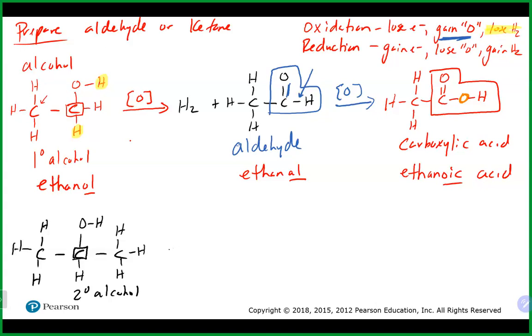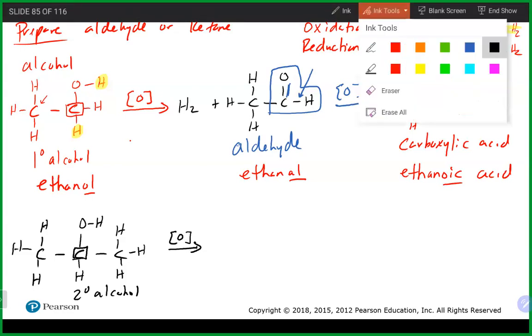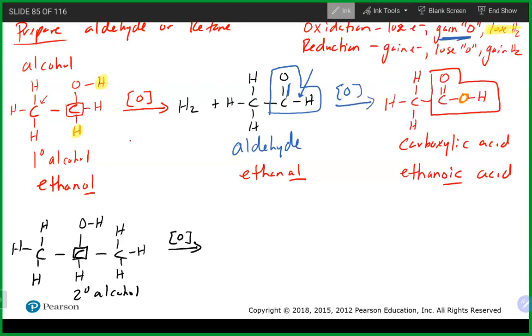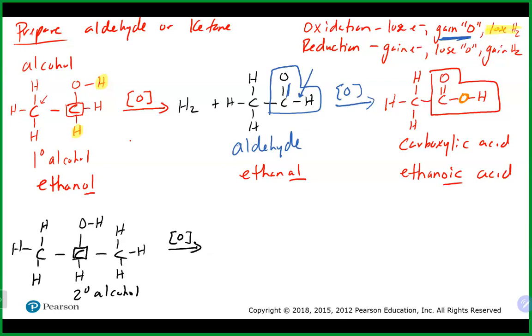And if you put this through an oxidation, the same thing that the first guy did is going to happen here. We're going to lose H2. So we're going to lose the H on the OH and the H on the carbon that's attached to it. Everything else stays the same. So I'm just going to copy exactly what's there: an H, a C, an H. I clearly am going to get rid of the two H's that are in boxes because that comes off as H2. Everything else stays the same here.